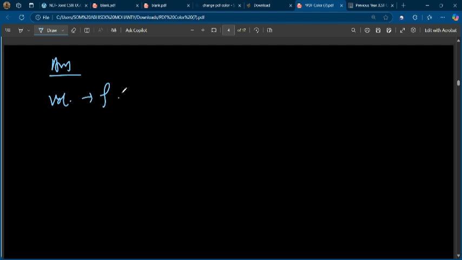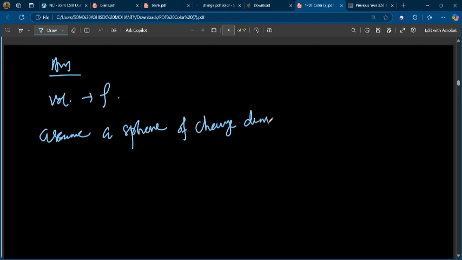Suppose there is another sphere of charge density minus rho inside the cylinder, embedded, meaning put inside the cylinder, right?